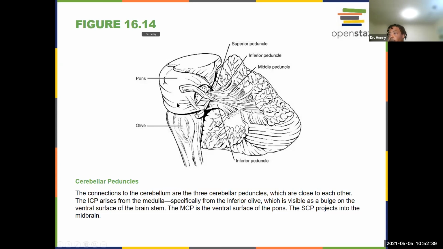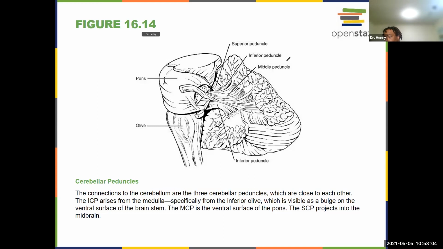The inferior is also called the inferior olive because of the color associated with it. It has an olive color to it. The majority of this is a combination of white matter.